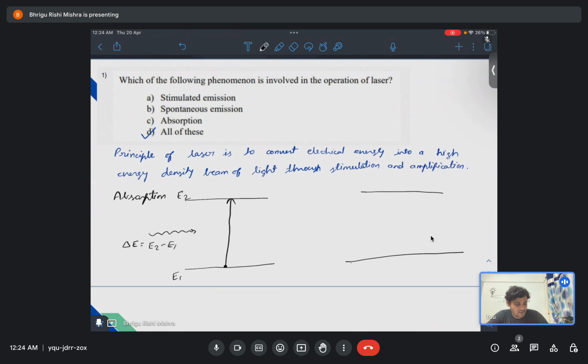Suppose again the energy levels are E1 and E2, E2 at higher level, E1 at lower level. This atom goes back to its lower state by emitting a photon of energy delta E, which is E2 minus E1. This process is known as spontaneous emission, because it happens spontaneously.